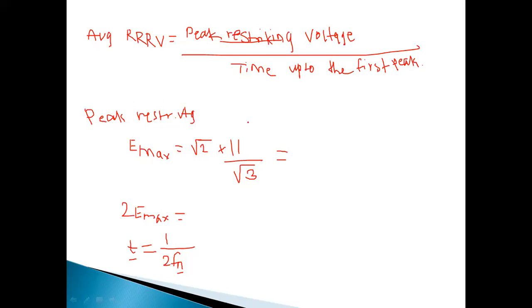This voltage is in kilovolts and the time is in microseconds, because the unit of RRRV is kilovolt per microsecond. So find this quickly. Then we'll see one more example.